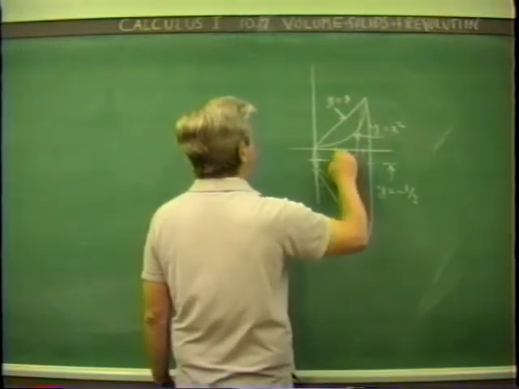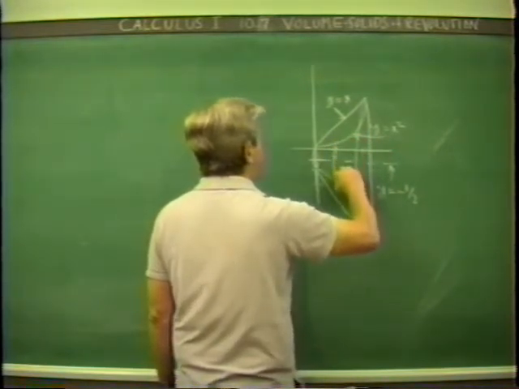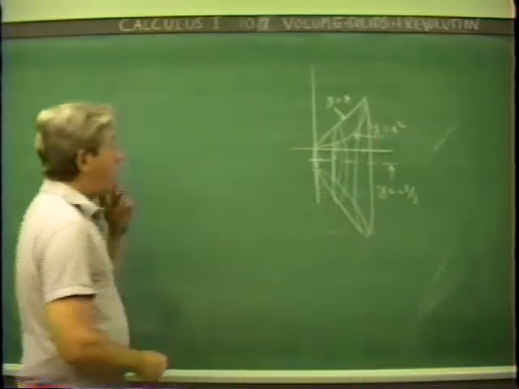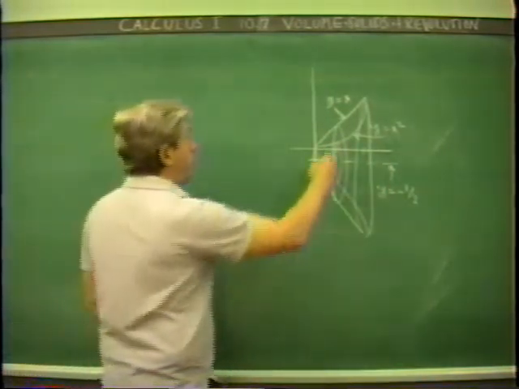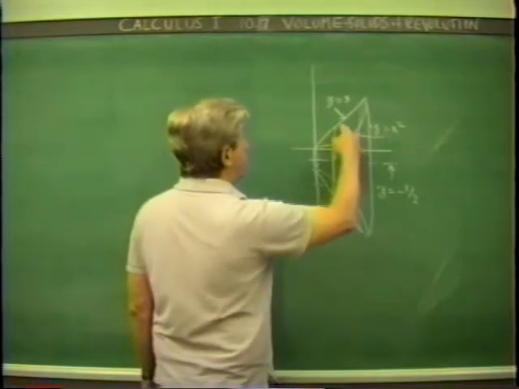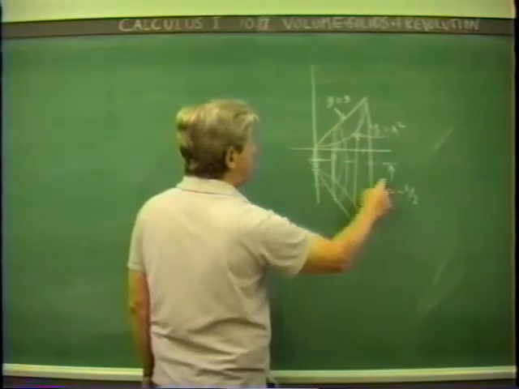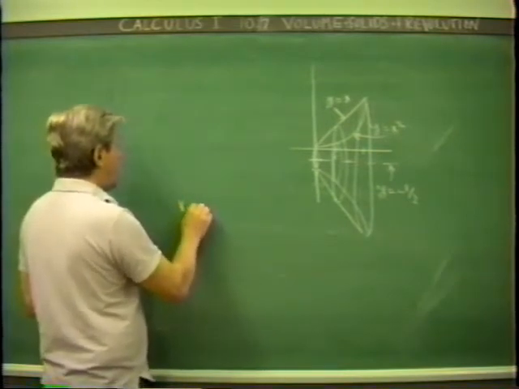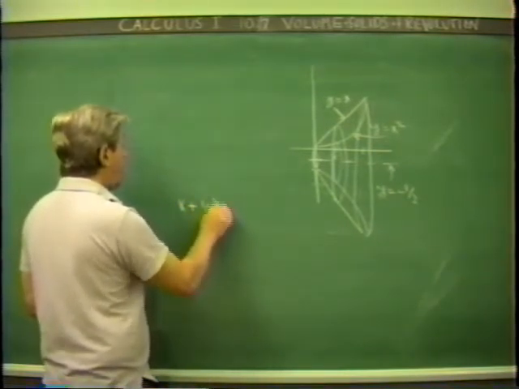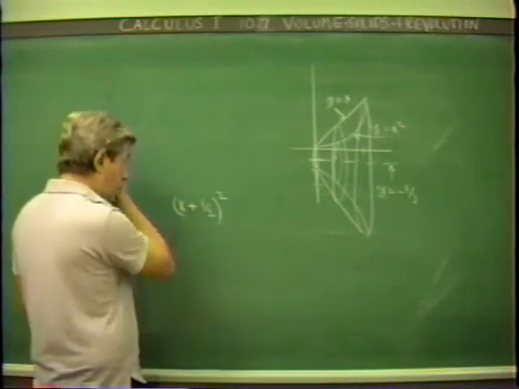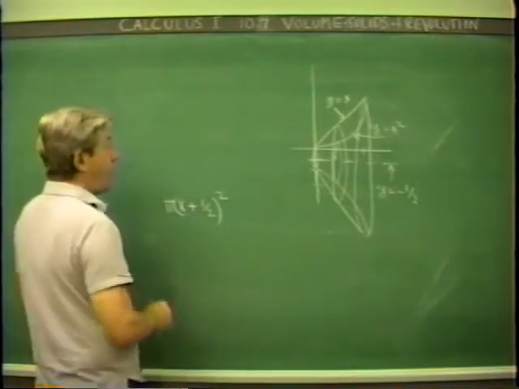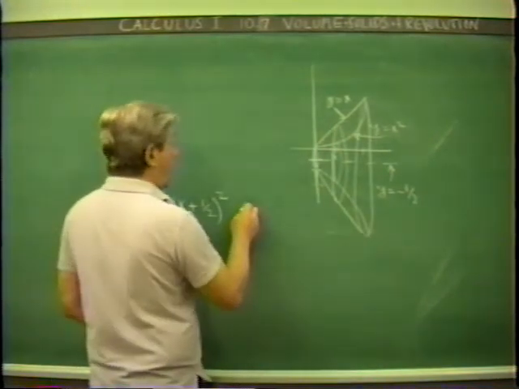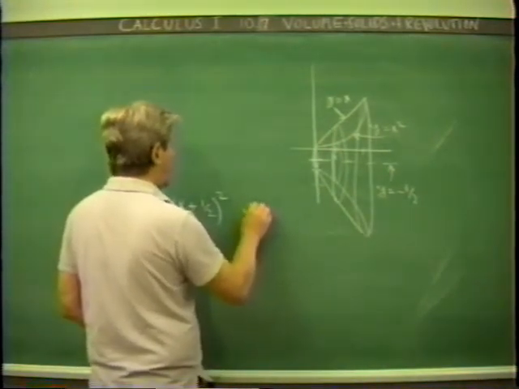Right. Well, then we're going between 0 and 1, and at a point x here, we're going to have an inside circle and an outside circle. And the radius of the outside circle is going to be x minus a half, or x plus a half. That squared times pi is the area of the outside circle.